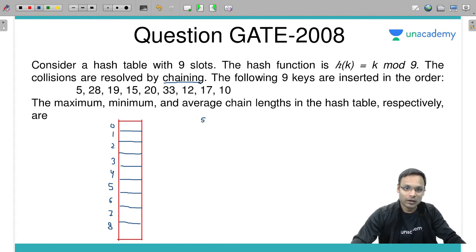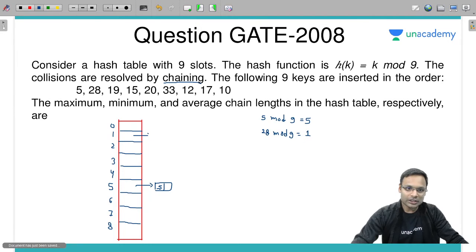First of all, 5. 5 mod 9 will give you 5. So insert 5 at 5 in a chain, in a linked list. 28 mod 9, 9 into 3, 27 plus 1, 28 gives you 1.